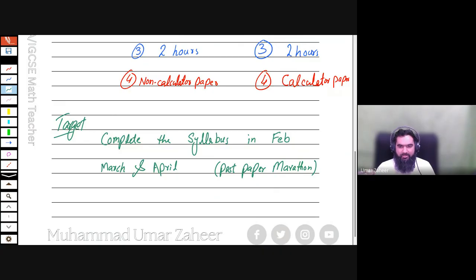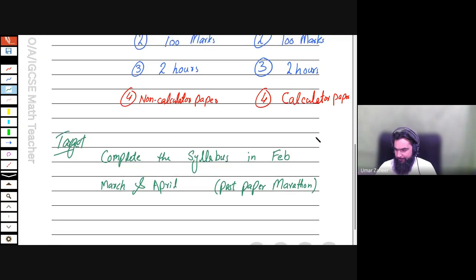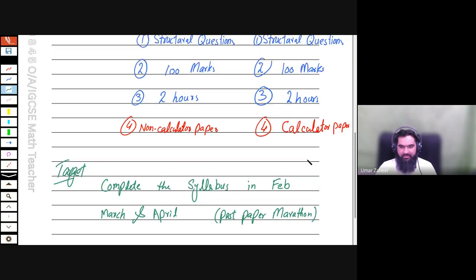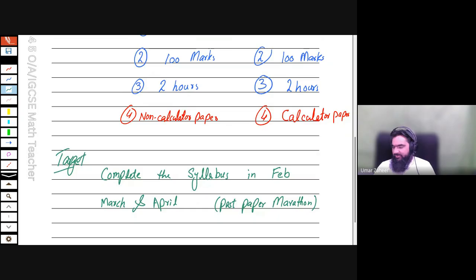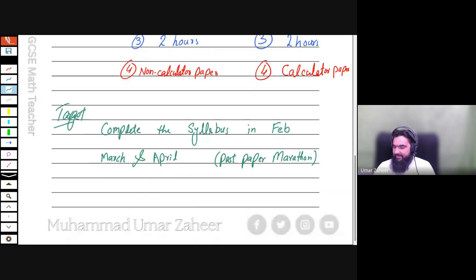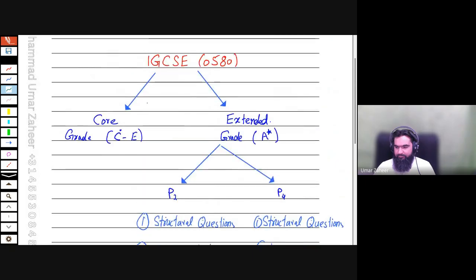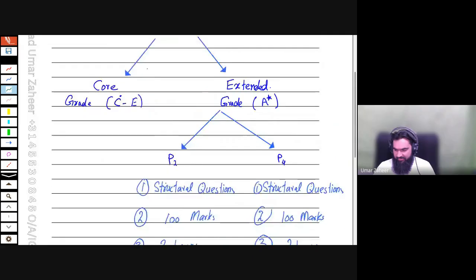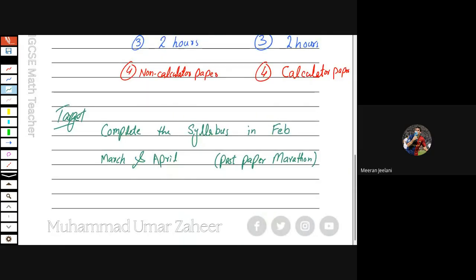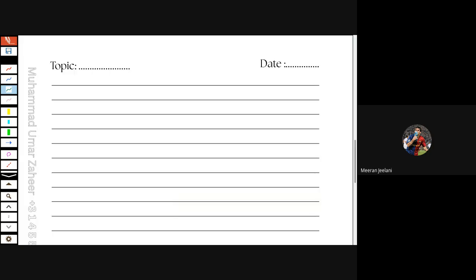I will start from scratch and end it after the practice. All right. So this is our target. Inshallah, we will achieve it as well. Inshallah. Anyone have a question till here? No, sir. All right.